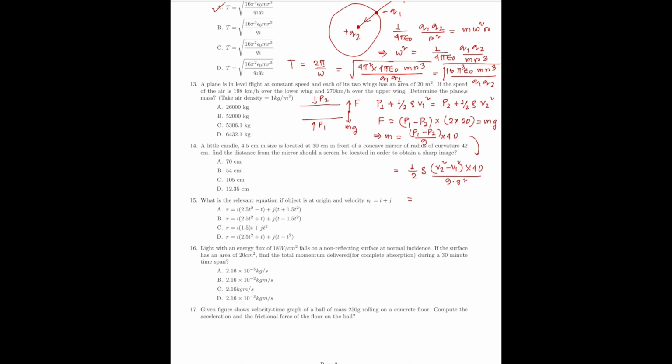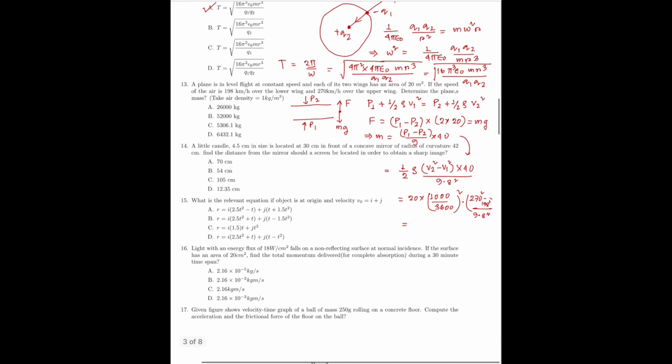But remember, V2 and V1 are given in kilometer per hour, so I have to multiply by (1000 by 3600) square into 270 square minus 190 square divided by 9.8, and if you solve this, you are going to get 5306.1 kilograms. Option C.